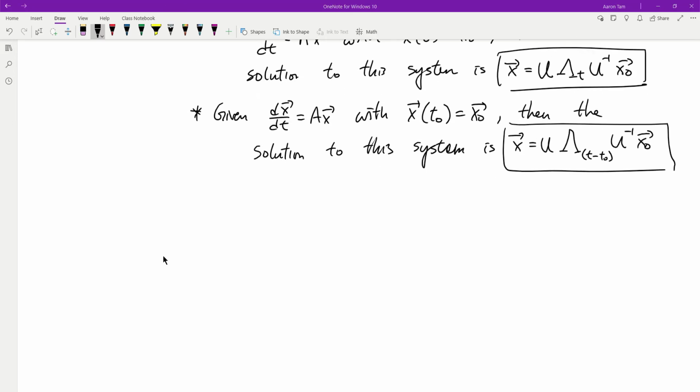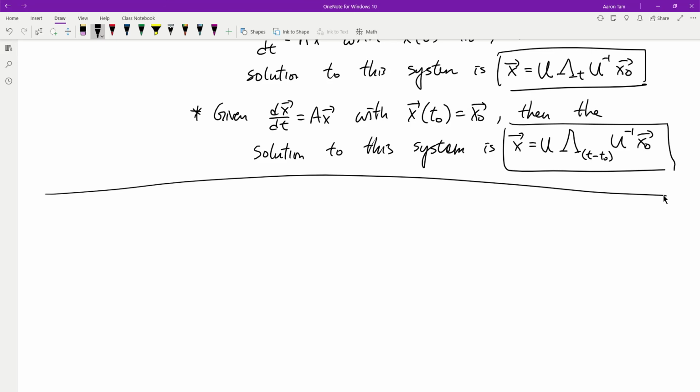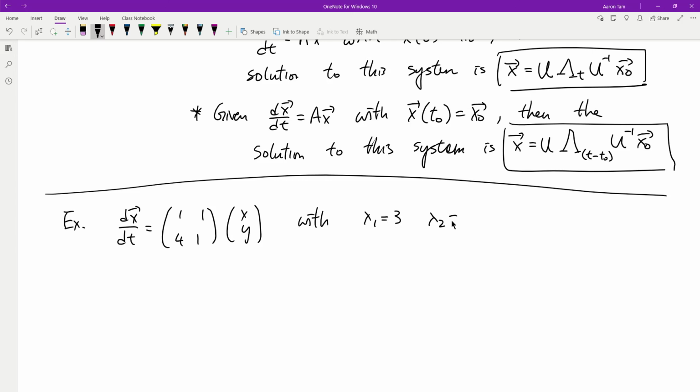So let me see if I can show you an example using this. We're going to use an example that we have done before, so that it's easier to go through the process. Let's say we have this system right here. We already know that this has an eigenvalue lambda 1 is 3 and lambda 2 is -1, along with eigenvector 1, 2 and second eigenvector 1, -2.